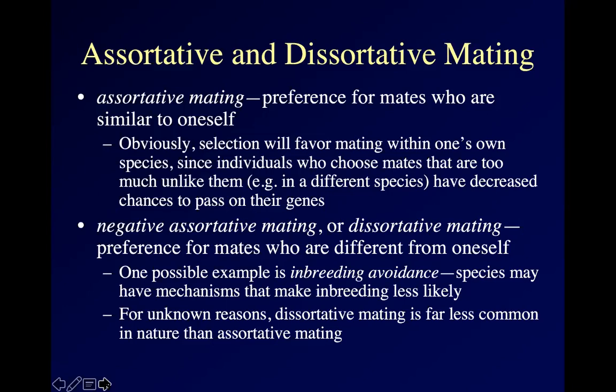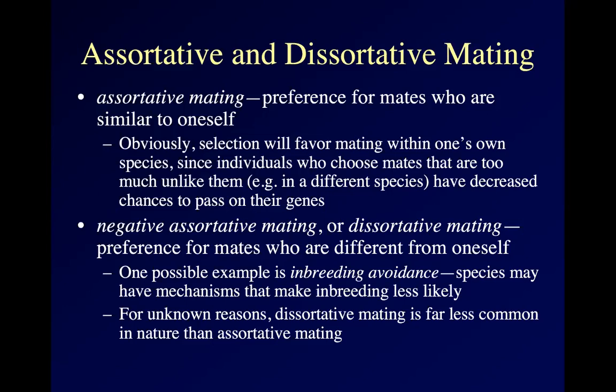So individuals that choose mates that are too much unlike them may have lower probability of passing on their genes because they might end up mating with a different species entirely. So selection presumably favors mating within one's own species.